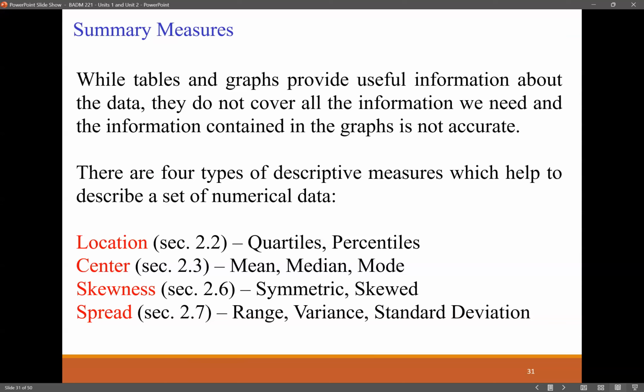Right, and the last part, how we represent the data, is through summary measures. In summary measures, we have four types of descriptive measures, which help to describe a set of numerical data. Right, so location, center, skewness, and spread.